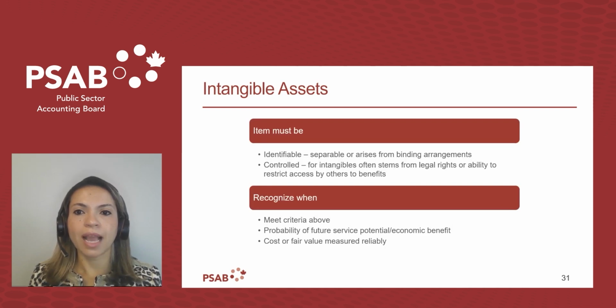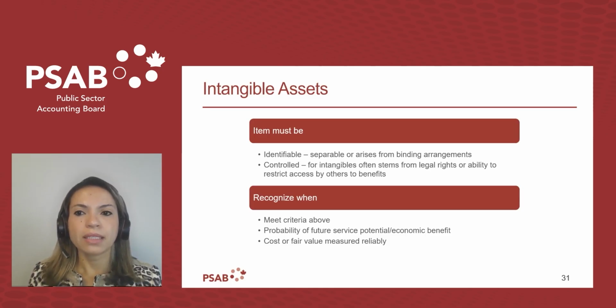Intangible assets must be identifiable, and in order to be recognized as an intangible asset, it must be controlled by the entity. There are cases in the public sector where an intangible asset is acquired under a binding arrangement, and this definition still applies. Public sector entities often acquire computer software licenses.